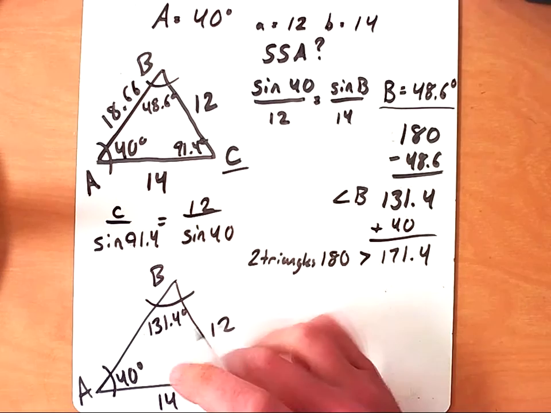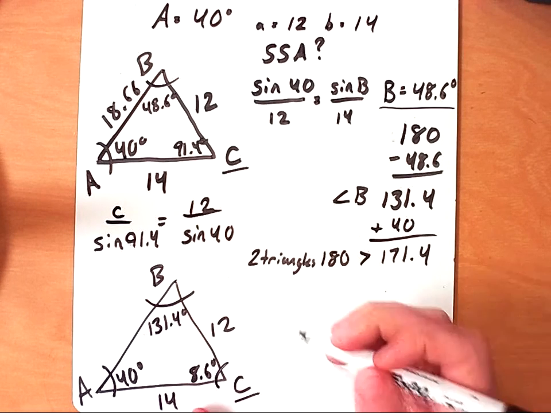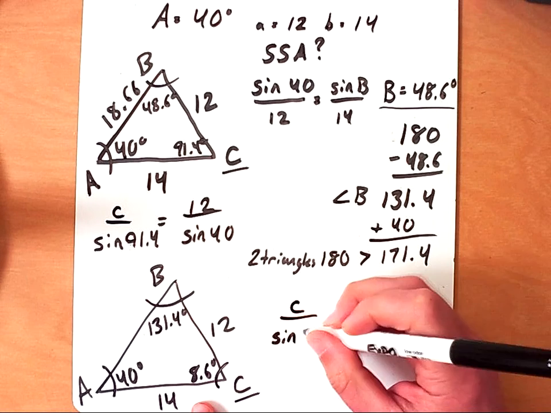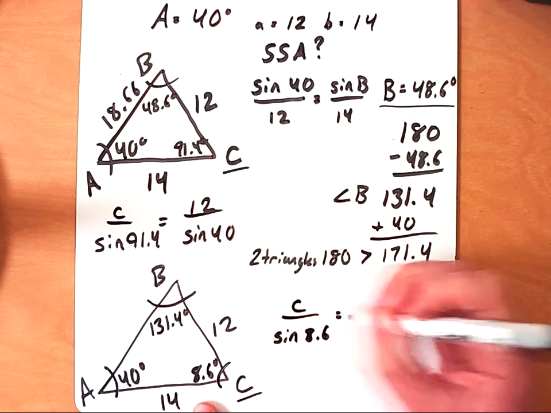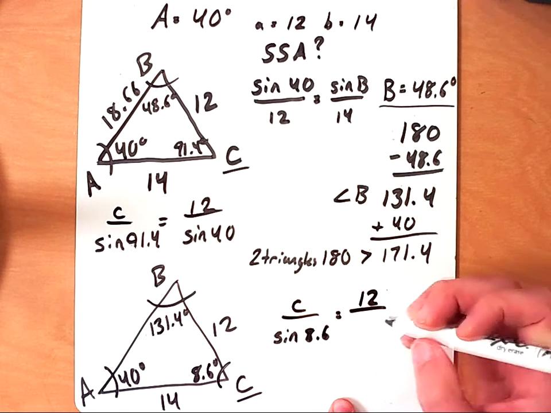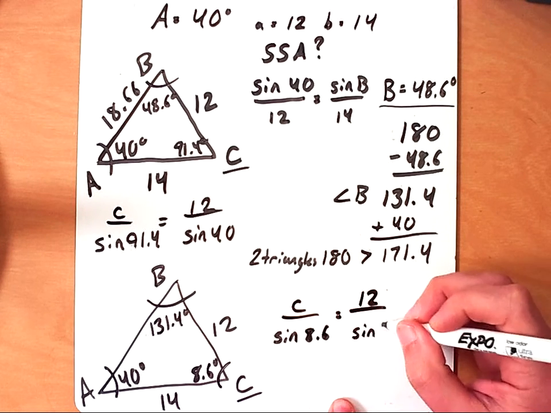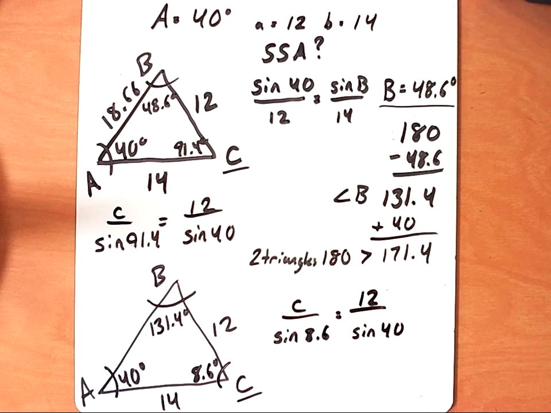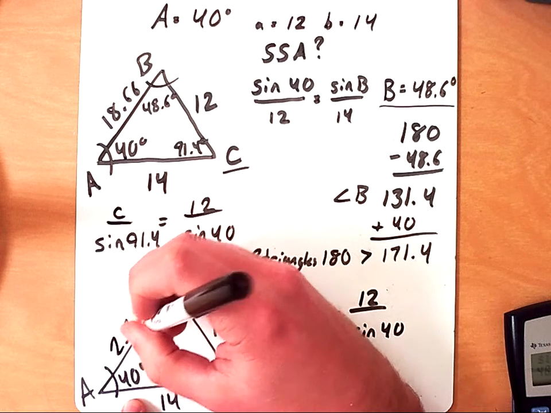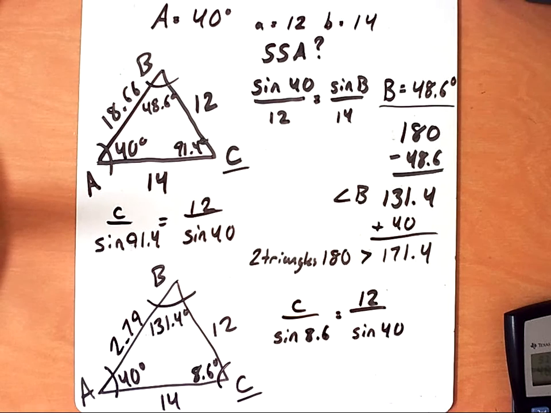Okay, and so now we want to solve for C on my second triangle. So I'm going to say C over the sine of 8.6 is going to equal 12 over the sine of 40. And if we solve, multiply both sides by the sine of 8.6, we get that C is going to equal 2.79.